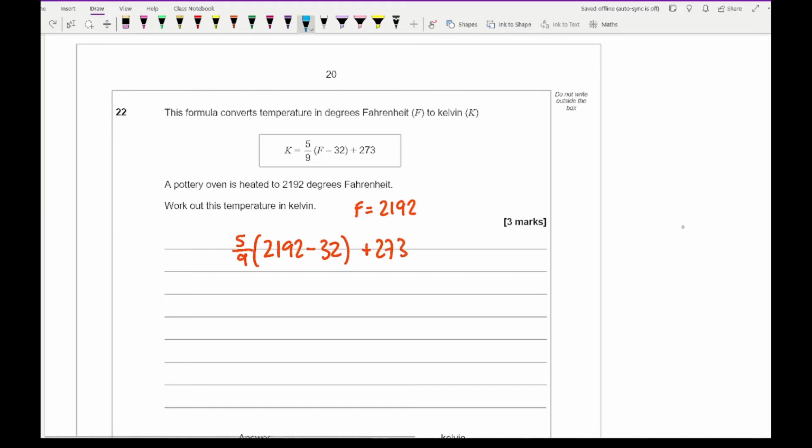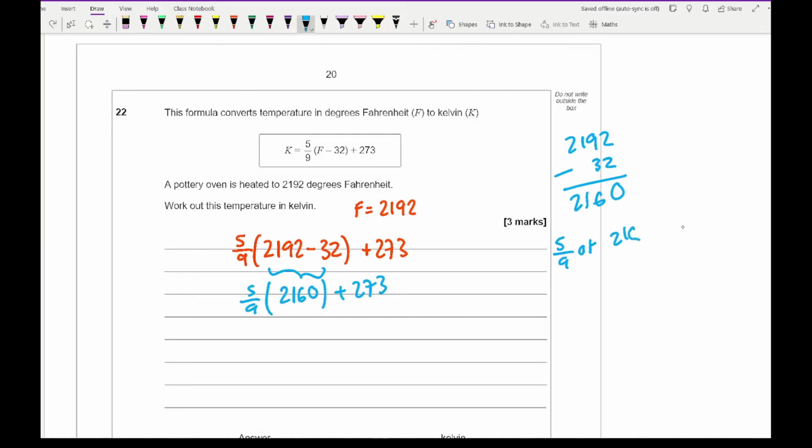So working out this first bit here, I've just got to do 2192 minus 32, which gives me 2160. So 2160. Now the next thing I then need to do is work out what 5/9 of 2160 is going to be.